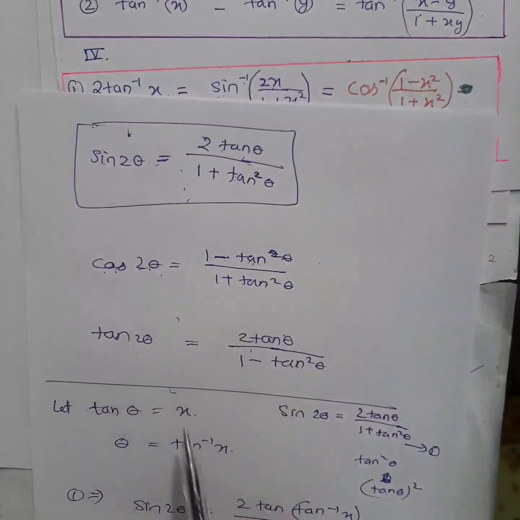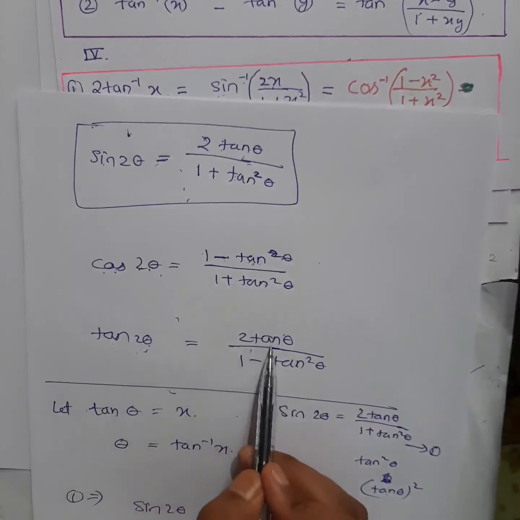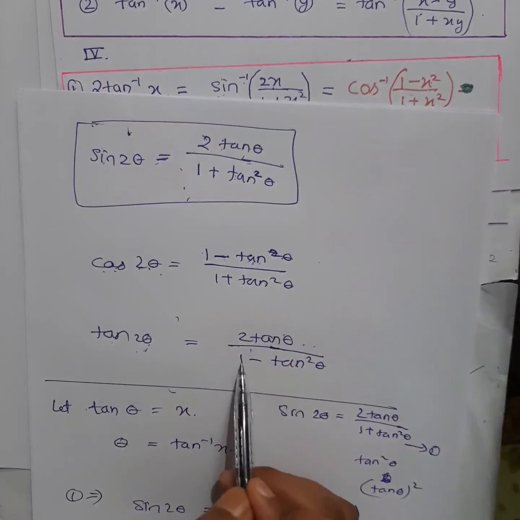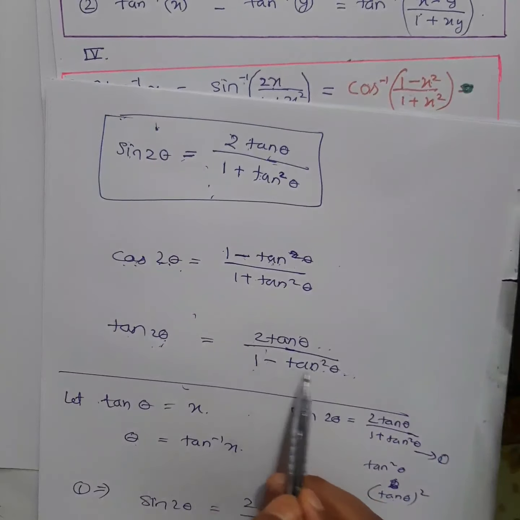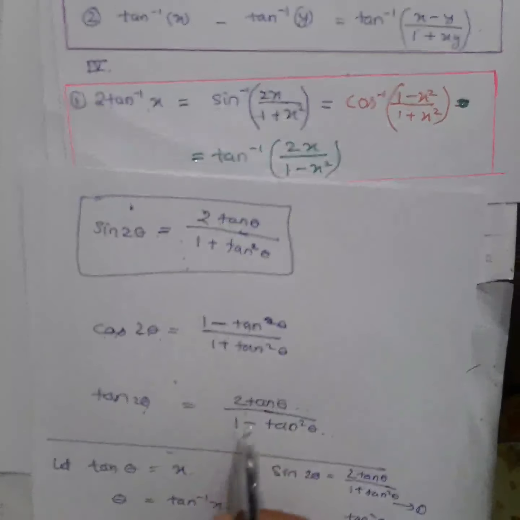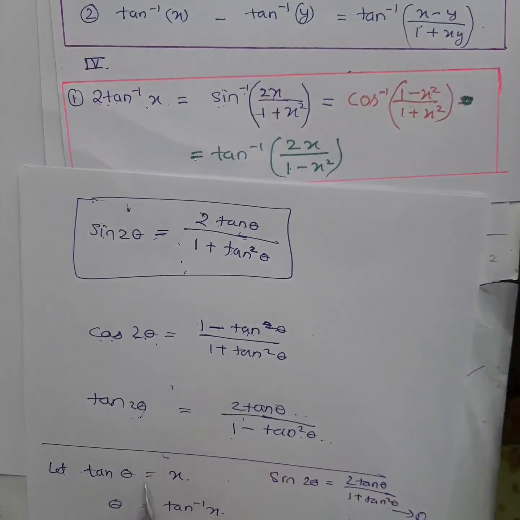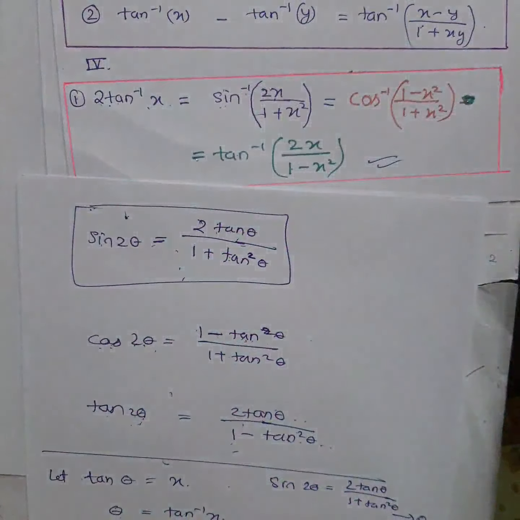Same with the tan one: in place of theta you put tan inverse x, you get 2x, tan gets cancelled, and you get x square in the denominator with 1 minus x square. Bring tan to this side, you get tan inverse of 2x by 1 minus x square, and in place of theta put tan inverse, so you get this identity. These are the identities you need to remember to solve exercise 2.2.